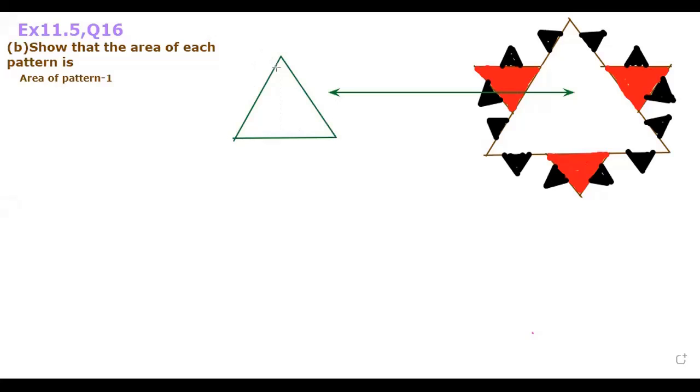Okay. And then each length is x, and this will be x upon 2. So we have to find the height, because finally we have to find the area of the pattern.